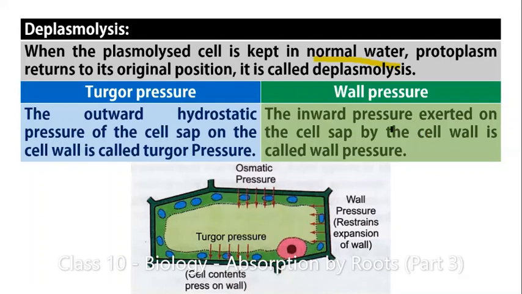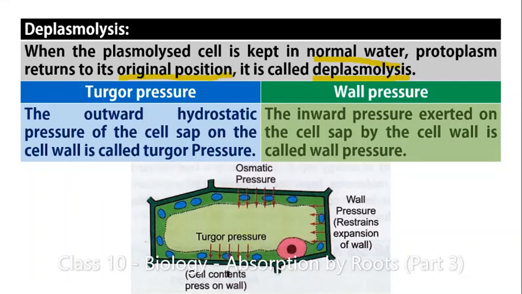So when we put in normal water, water will re-enter the cell and the cell will regain its original position. So this phenomena is known as deplasmolysis. So deplasmolysis means it is the regaining of the normal condition of a plasmolysed cell. So when a normal condition is attained, when you put a plasmolysed cell in plain water, that is known as deplasmolysis.